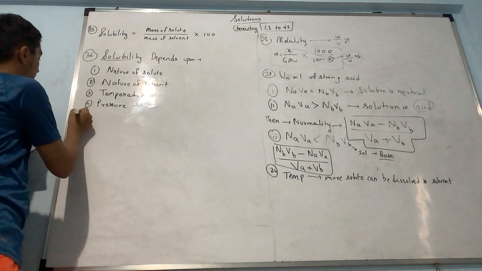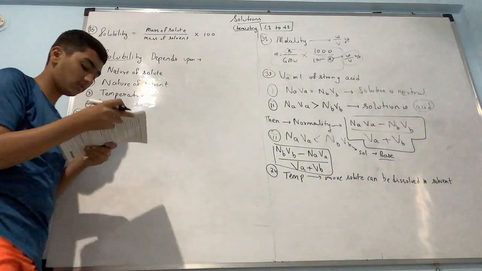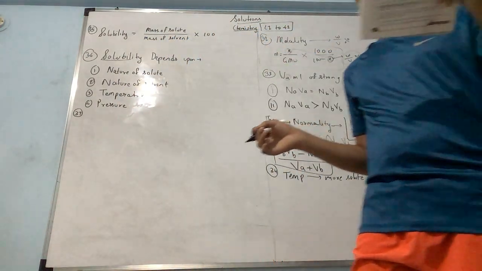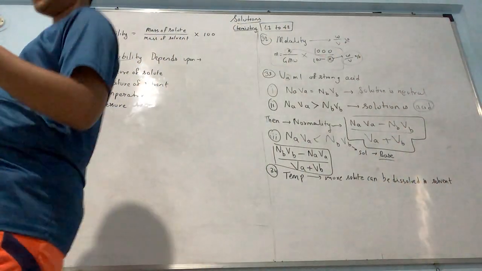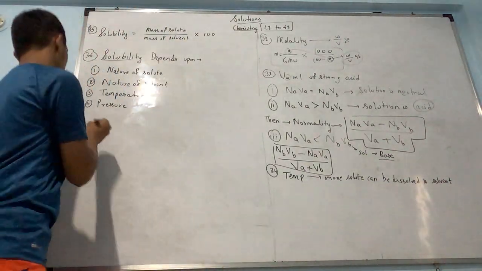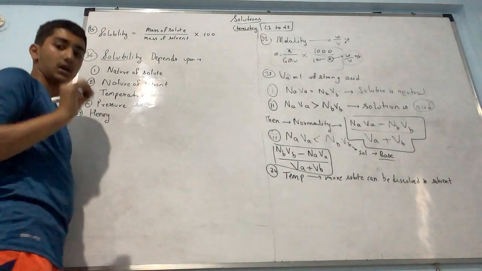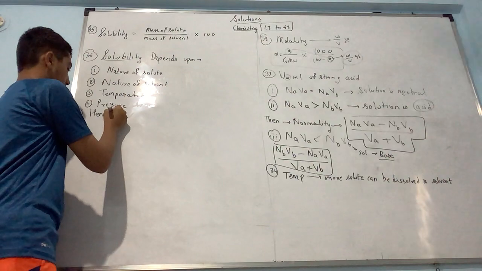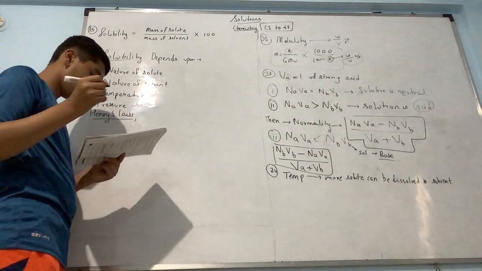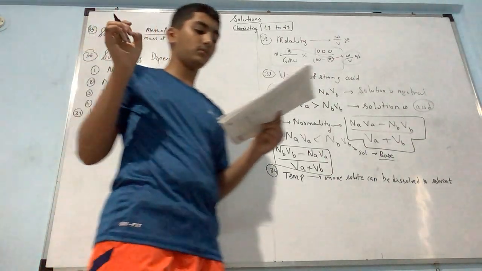37. Henry was the first to give a quantitative relation between the pressure and solubility of a gas in a solvent, which is known as Henry's law. Henry was a scientist who discovered this law. He was the first to give a quantitative relation.